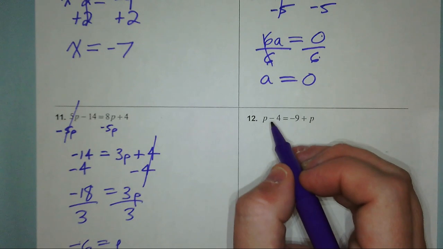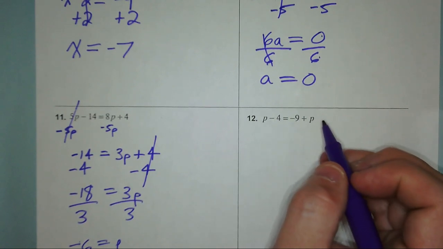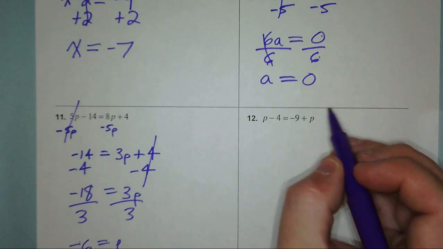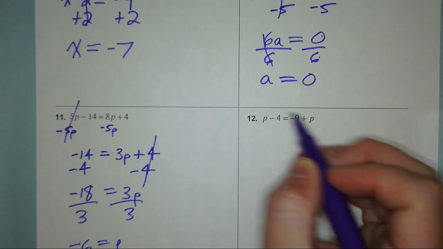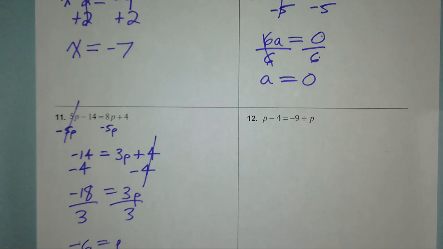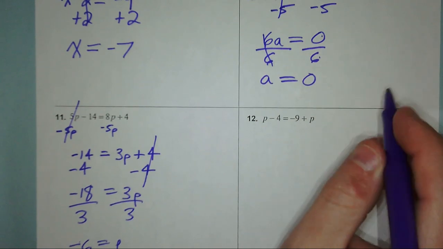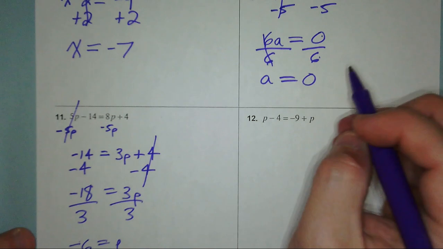There's no like terms on the left side. There's no like terms on the right side that we could combine, otherwise we would do that. But we do have p's on both sides, and we got to fix that. So what do you think, Connor? Does that help? We got to get the p's only on one side. So what is that move going to be to do that?